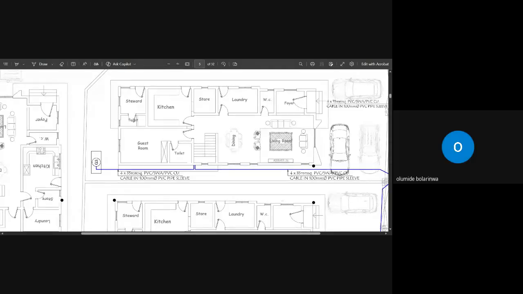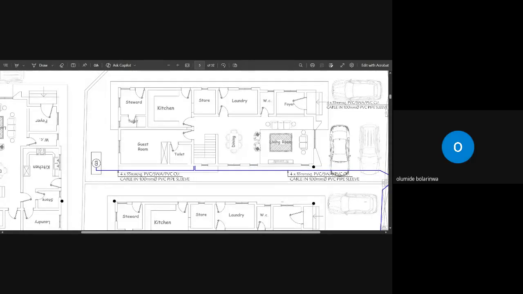I came from the high tension till you get inside your building. The same step is followed when we are calculating all other cables. Are we there?